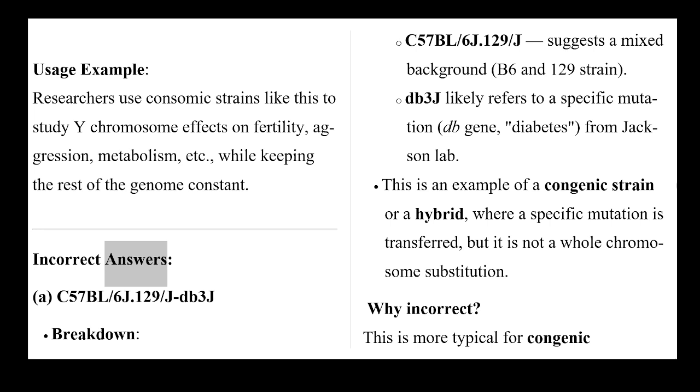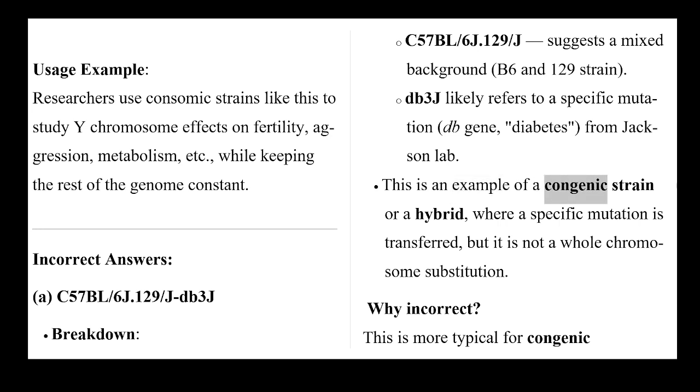Incorrect answers. A. C57BL/6J.129/JDB3J. Breakdown: C57BL/6J.129/J suggests a mixed background, B6 and 129 strain. DB3J likely refers to a specific mutation, the DB gene, diabetes, from Jackson Lab.